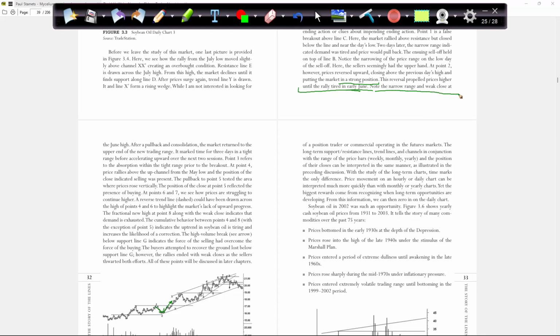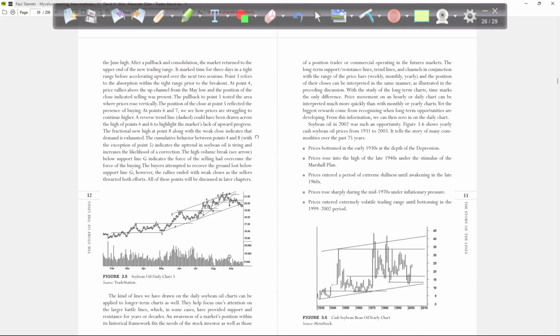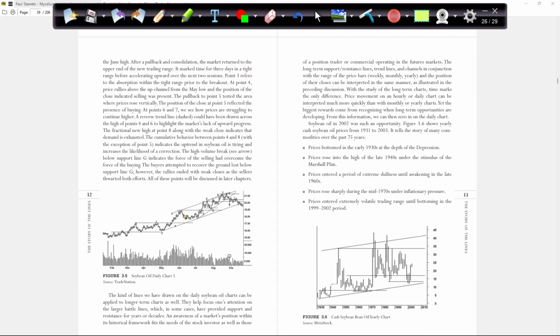Note the narrow range and weak close at the June high. June high here, right? So this is the shortening of upthrust. Okay.